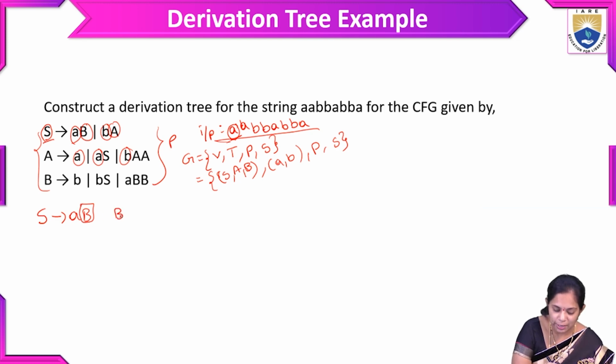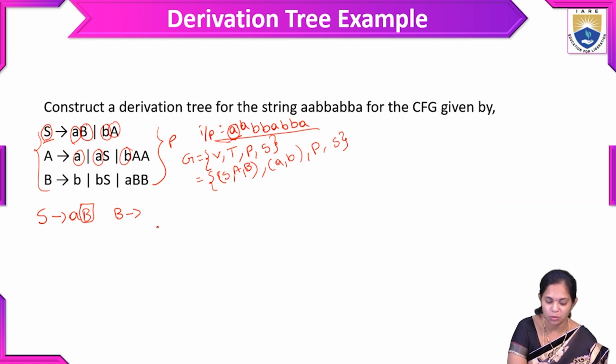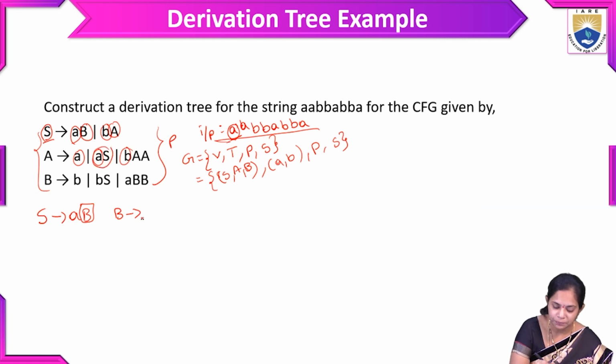Here I will write B tends to AS, because the next input symbol is A. Then we take the B production rule, so here we write A, B, B, because the next input symbol is A and there is a production rule with the input symbol A. So let me write that A, B, B.